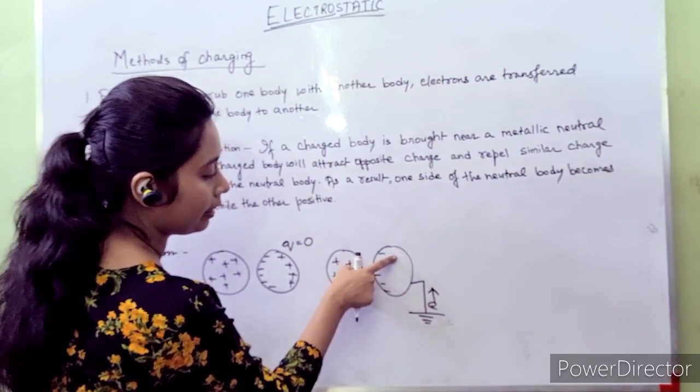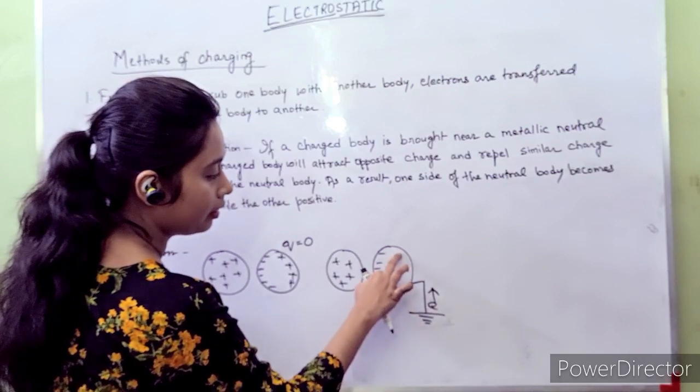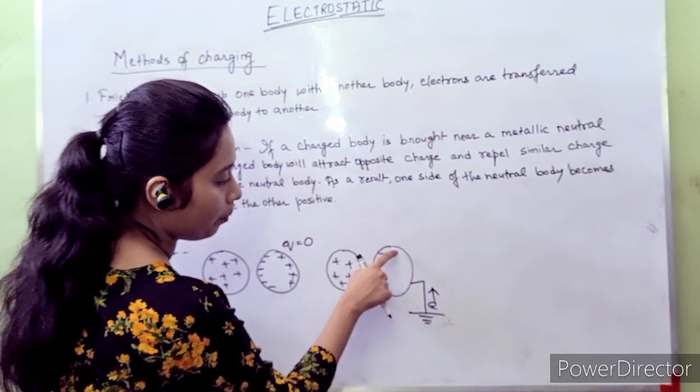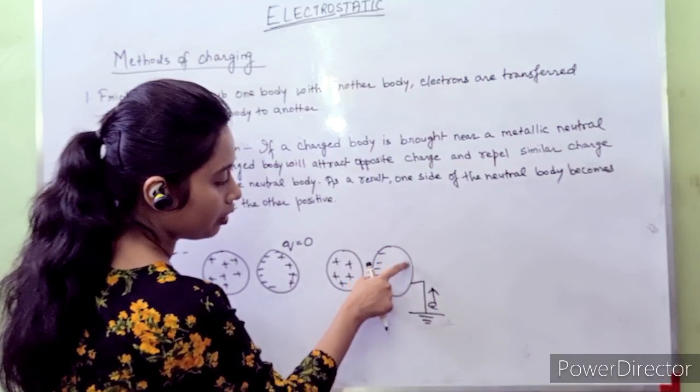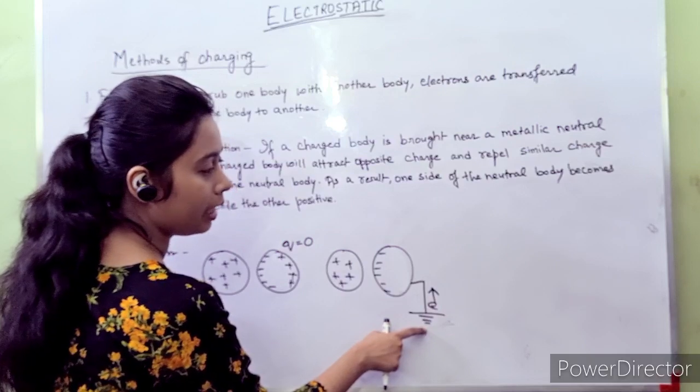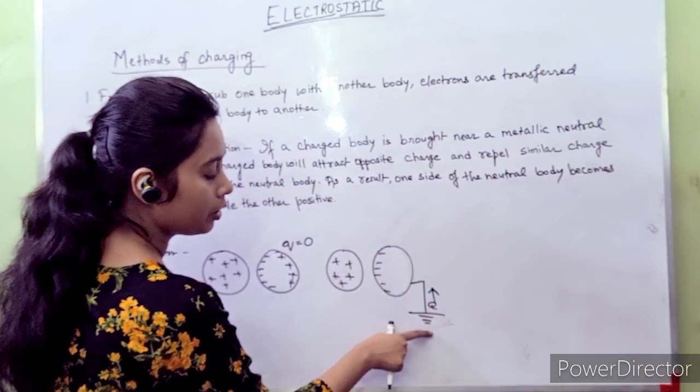Or another way I can say, if we join the body with the earth, then all the positive charge will go to the earth and will get neutralized with the electrons of the earth.